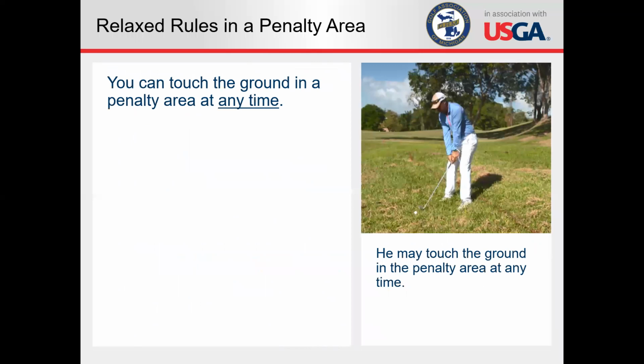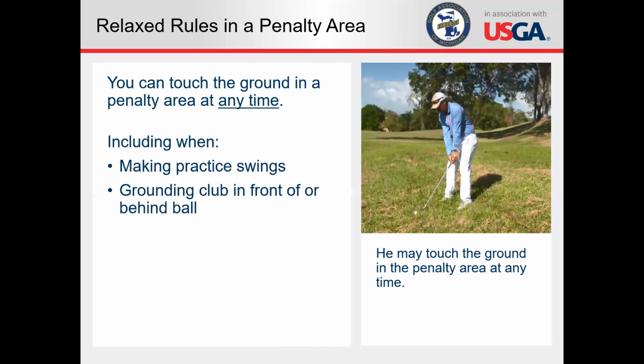Okay, so another thing that you can do in a penalty area is you can touch the ground at any time, so you can take practice swings. It'll be something that we'll probably get called out on for sure. Someone will say, hey, they grounded their club in the penalty area. That is going to be allowed in 2019. So players can do that.